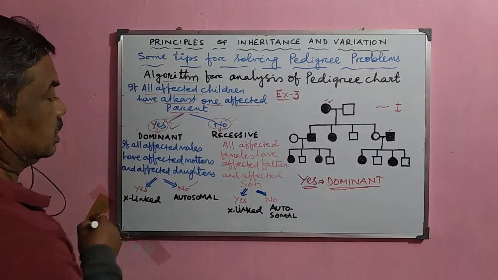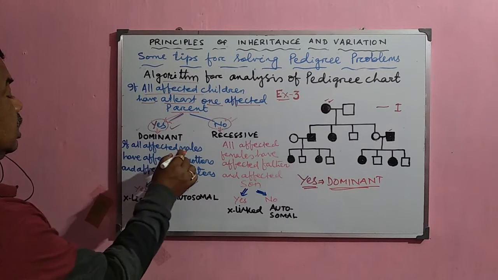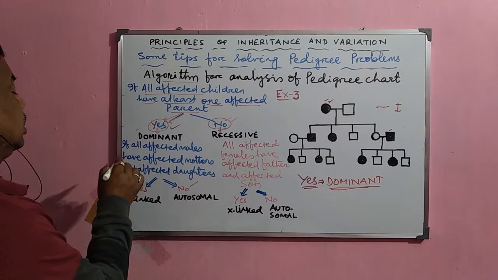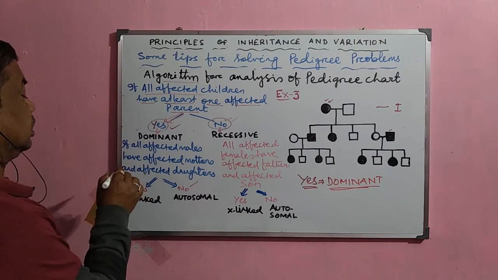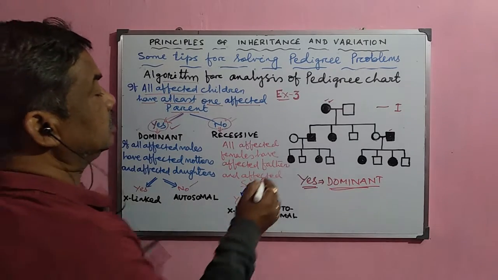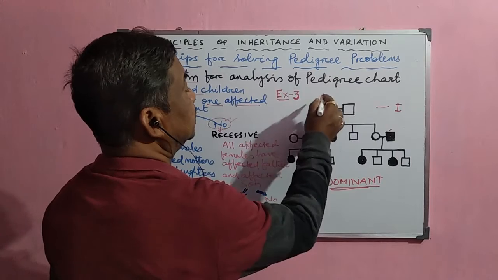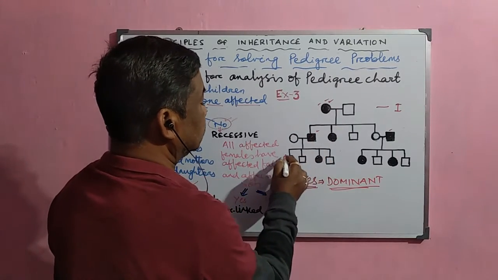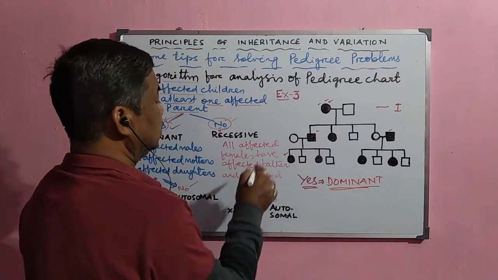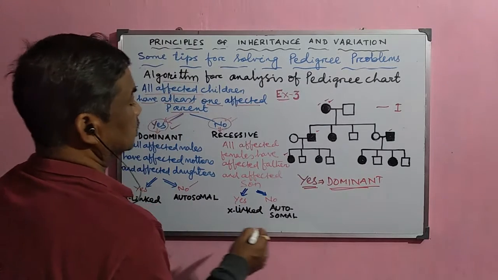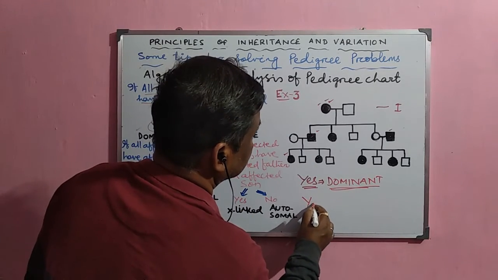Now in the second case, if all the affected females have an affected mother and affected daughter. Suppose this is an affected female, and this affected female has the affected mother and also the affected daughter. So here it is also yes. In this second case, it is also yes.